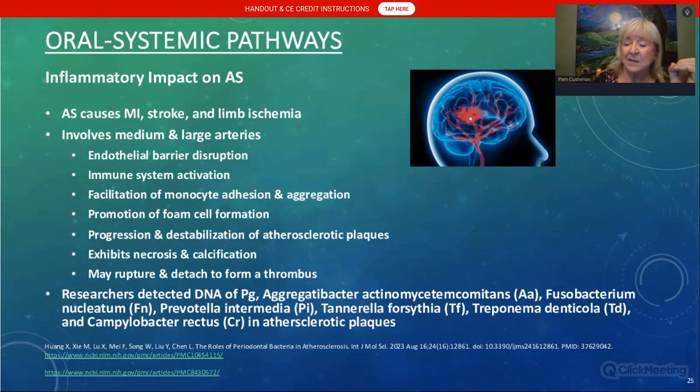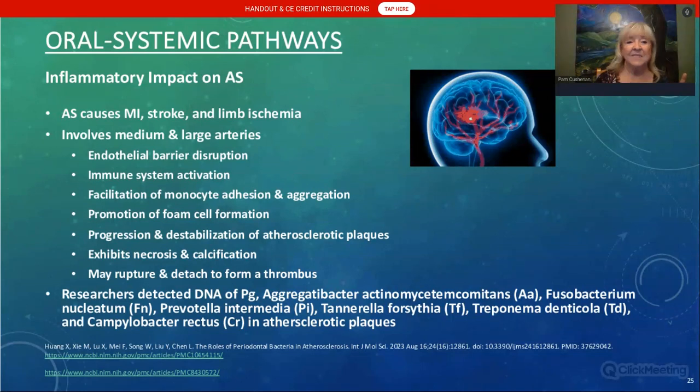Foam cells are lipid-filled cells. How unstable is that, right? Fat cells within the artery. Then there's a progression and destabilization of these plaques. Keep in mind, there's fat cells now proliferating in there. Then it can exhibit necrosis and calcification. And now this unstable plaque can rupture and detach and create a clot issue or thrombus.